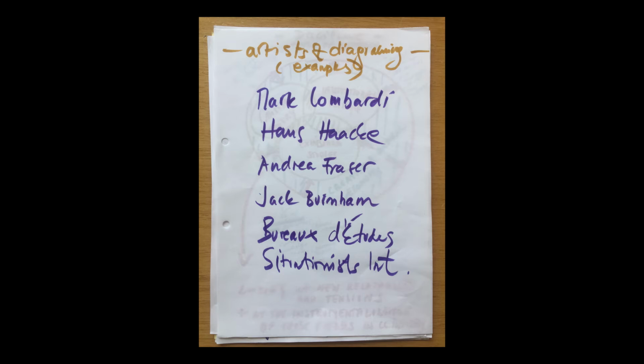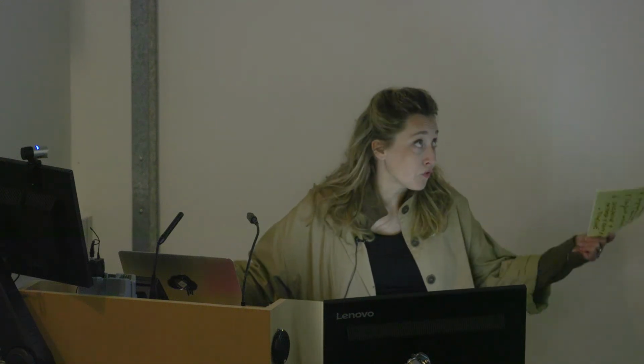So I made a list of those artists, and of course there are other artists missing from this list, but it's Mark Lombardi, Hans Haacke, Andrea Fraser, Jack Burnham, Bureau d'études, Situationist International, Marcel Broodthaers, which Jeff mentioned before, which is a major research project I've been working on.